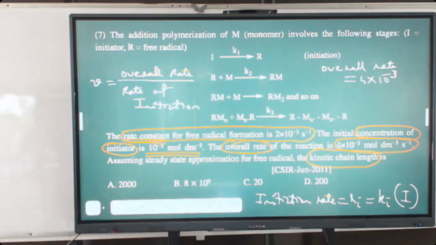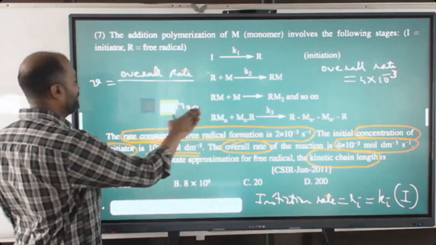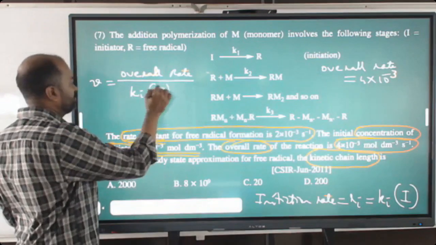Instead of rate of initiation, you can substitute Ki into I.